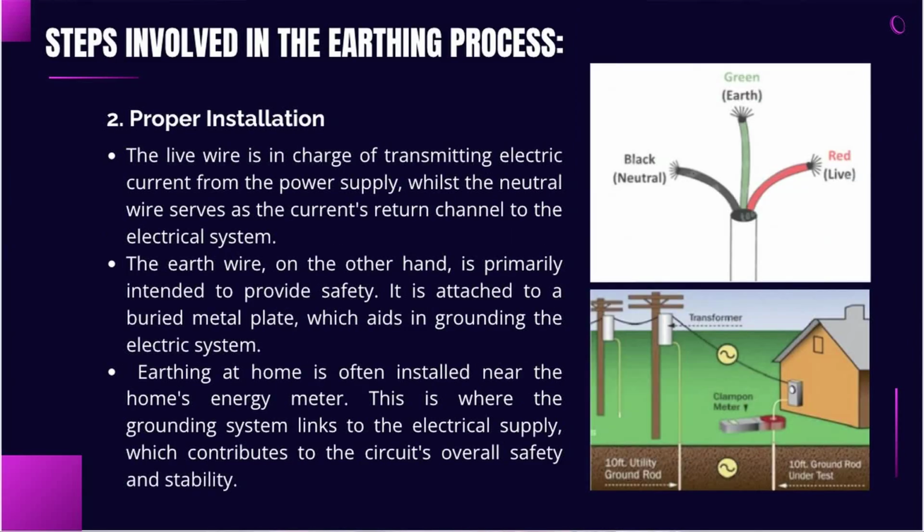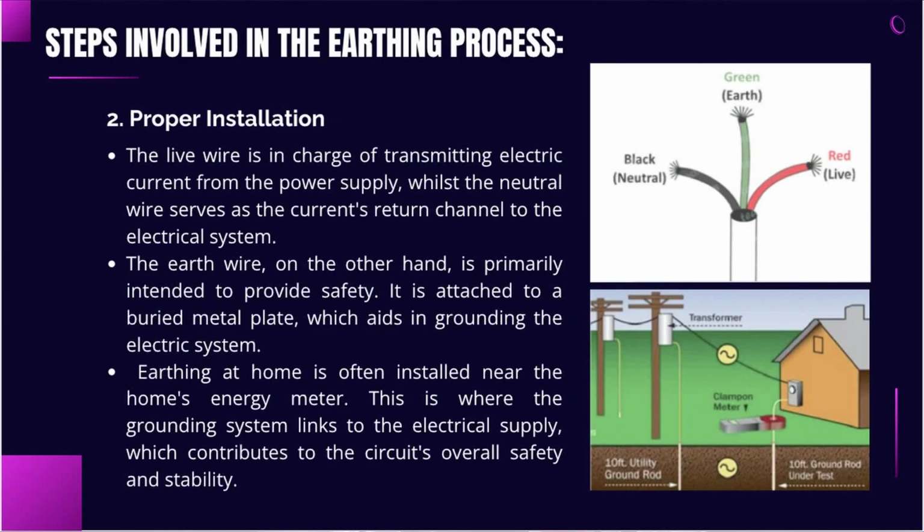The live wire is in charge of transmitting electric current from the power supply, while the neutral wire serves as the current return channel to the electrical system. They work together to form a complete circuit that allows energy to flow and power a variety of appliances.